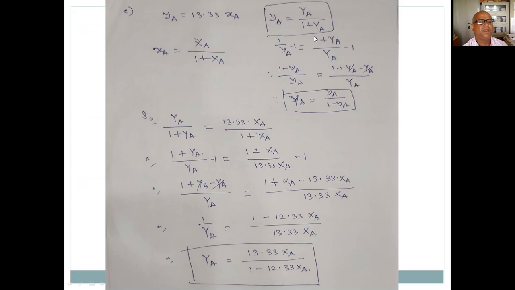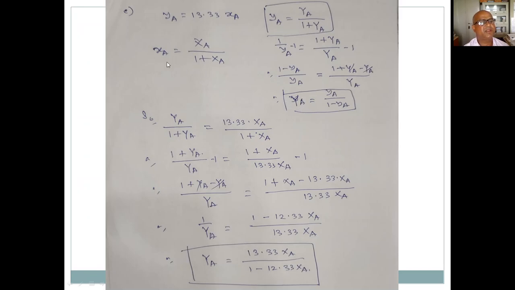If you subtract from 1, so 1 minus Ya, and if you take the reciprocal, capital Ya equals small ya by 1 minus small y. So capital Ya and small ya, the relation, you can put either this or this.